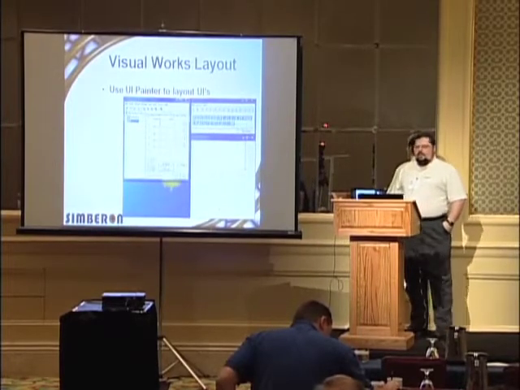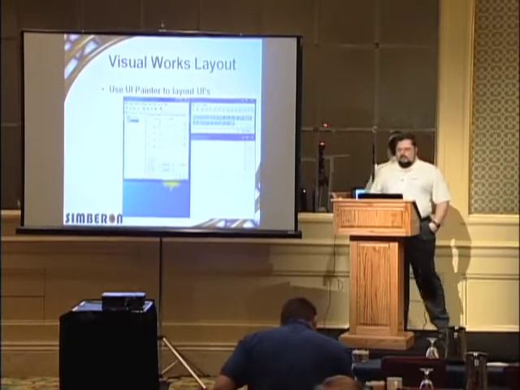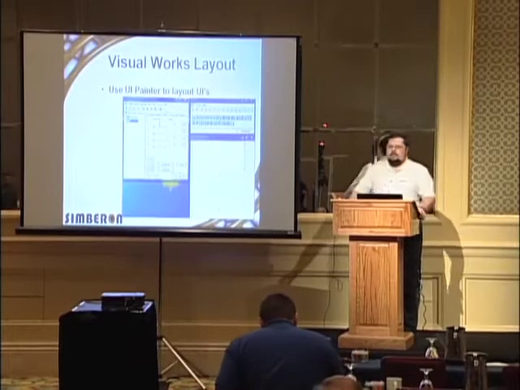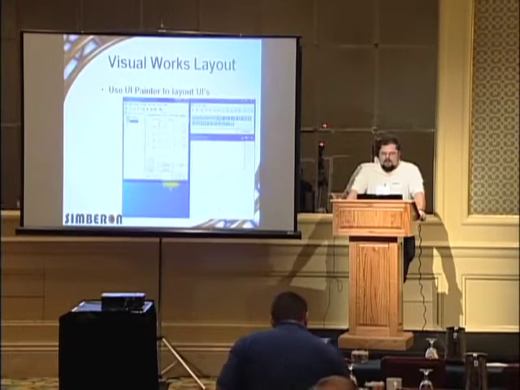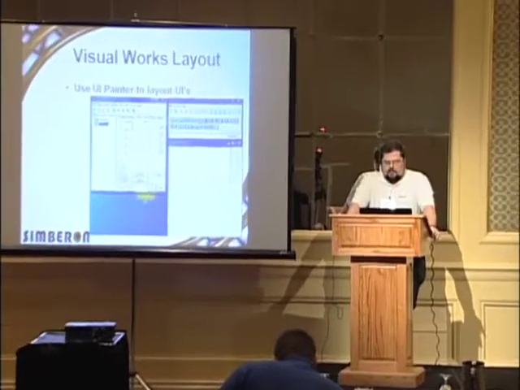Fluid positioning. Well, let's start off with VisualWorks just by itself. In pure VisualWorks, when you try to lay out a user interface, you're presented with the UI Painter tool. How many people use the UI Painter tool? Fairly common.